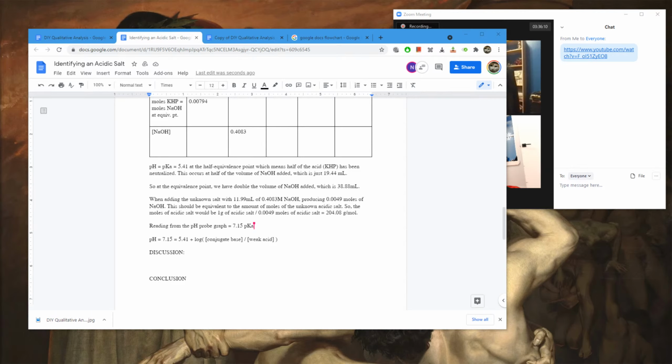Actually, wait. I might have been reading this wrong. Where's the equivalence point? The equivalence point is supposed to be right before it strays, right? Right before it keeps going, so right where it stops. So it stops over here at like 6.15 or something. I'm not even sure.